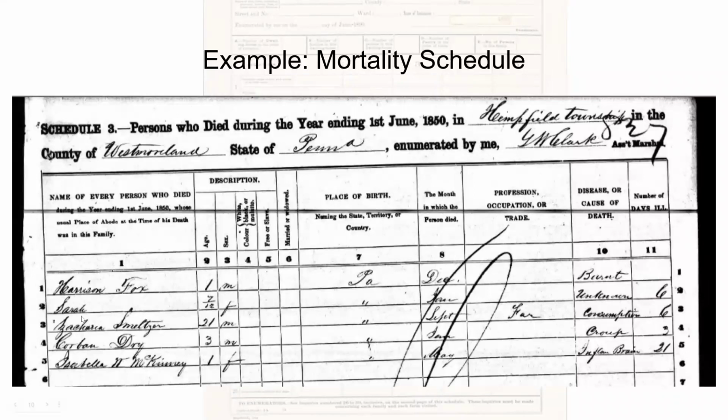Mortality schedule, again, it has the name, age, sex. This specific one has the birthplace and when they died, their occupation, and the cause of death and how long they were sick. Different states and different places may have different questions because not every census was required to have the same questions asked from state to state.